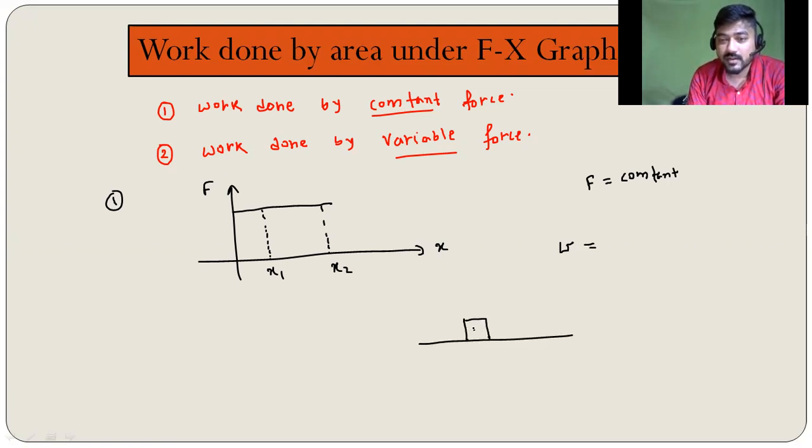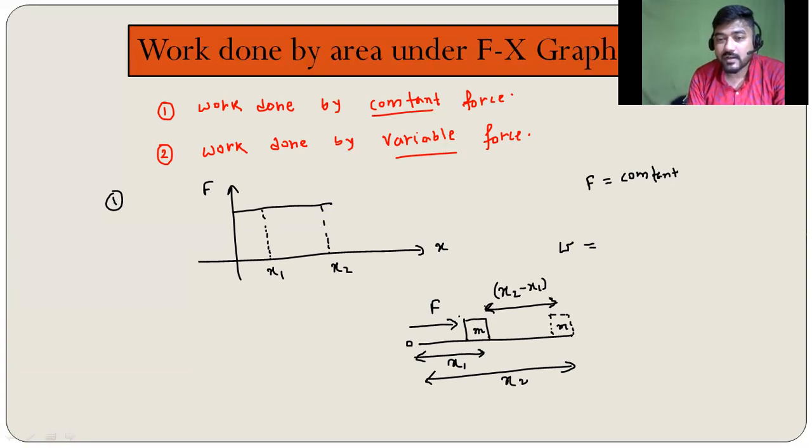The initial position of this object is x1 with respect to this origin, due to the external force F, which is constant. And the final position of this block is x2 with respect to this origin. So the displacement along the applied force F is x2 minus x1.